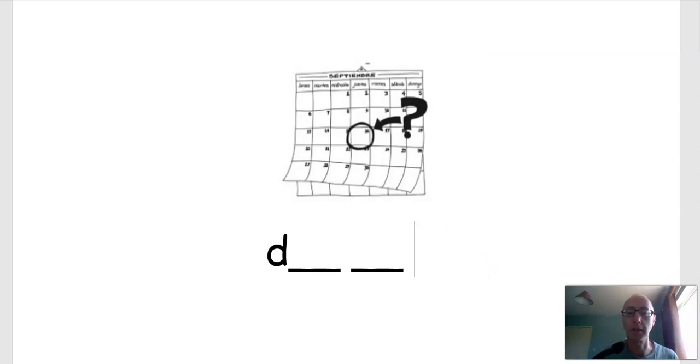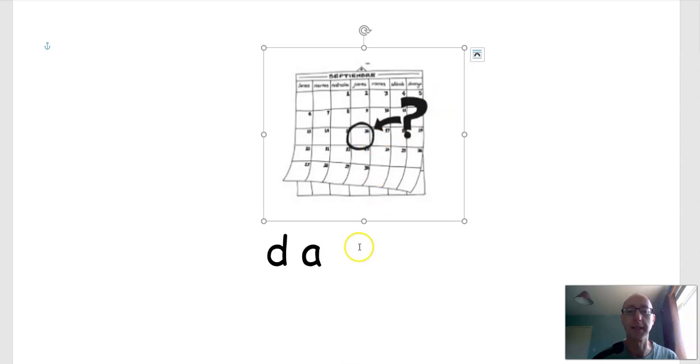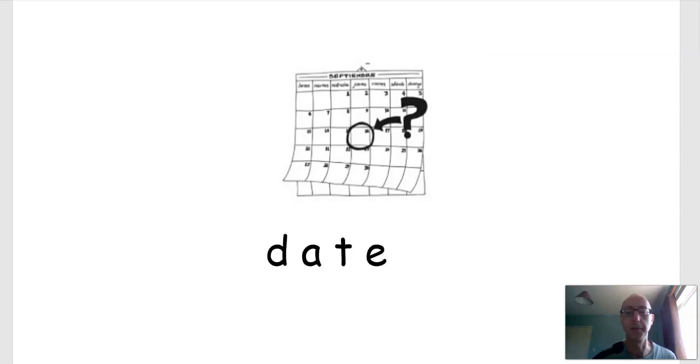What is this? All of these have the same letter in the middle. The letter is A. This is date. It's the date. D-A-T. And what's the last letter? E. Exactly. The last letter is always E in all of these words.